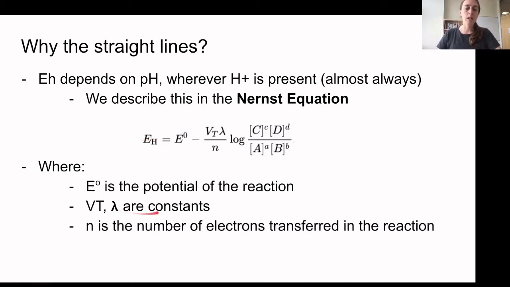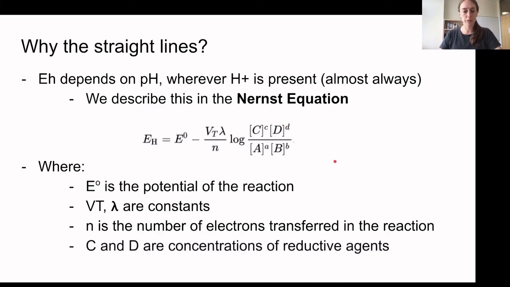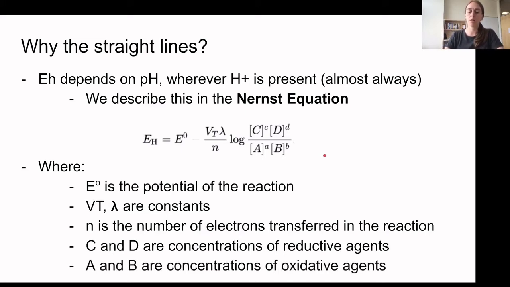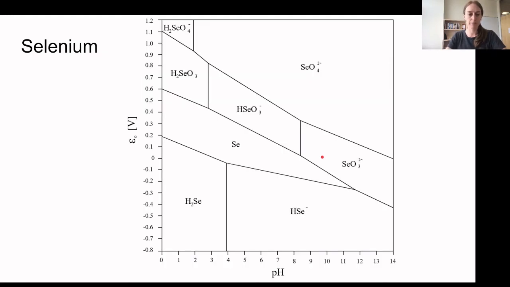V sub t and lambda are constants, and n is the number of electrons transferred in the reaction. You should all be familiar with this over here because we've used it a lot in this class. C and D are the reductive agents, and A and B are the oxidative agents.